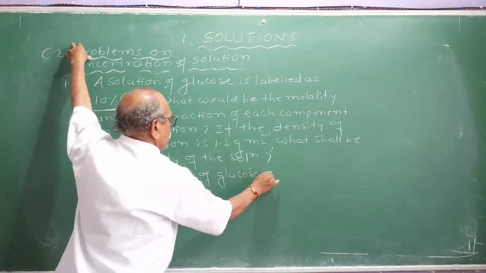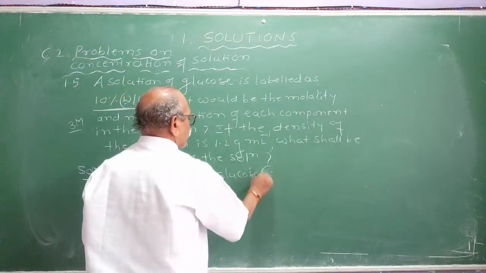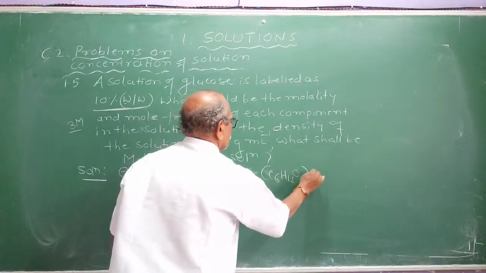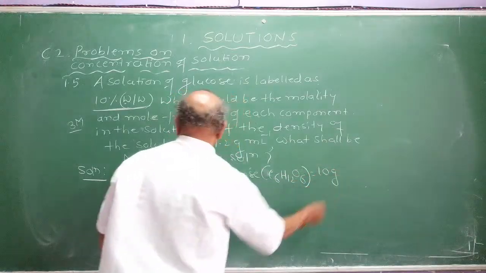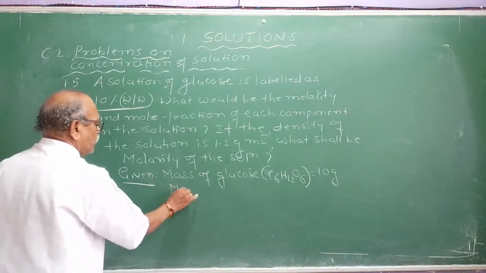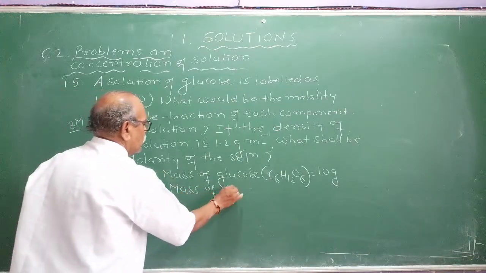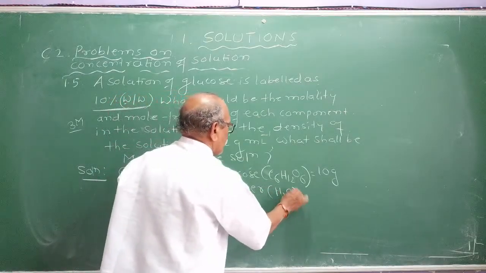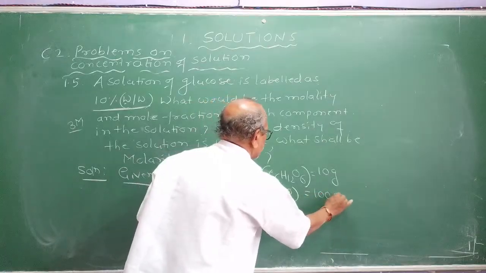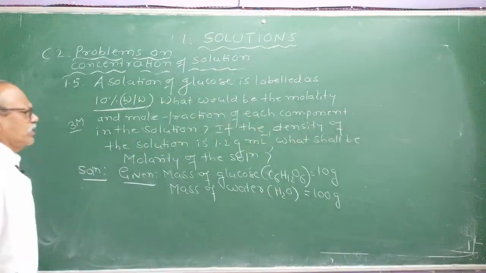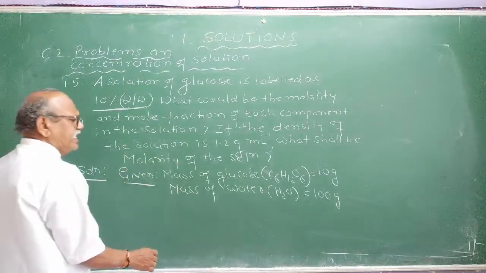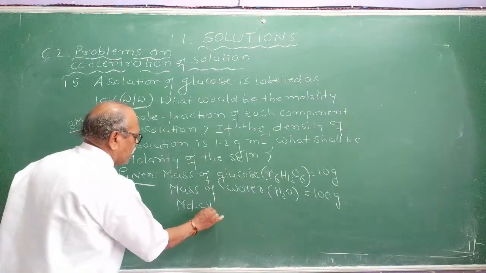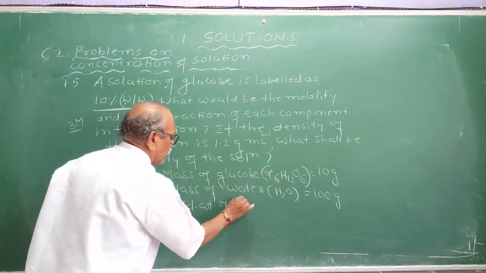Mass of glucose, you know the formula of glucose is C6H12O6, is 10 gram. Then what will be the mass of water in it? Total percentage means you are taking for 100. Water H2O is 100 grams. So the number of moles you have to calculate, we will finish that area. See, for that you need the molecular weight of glucose. Calculate.